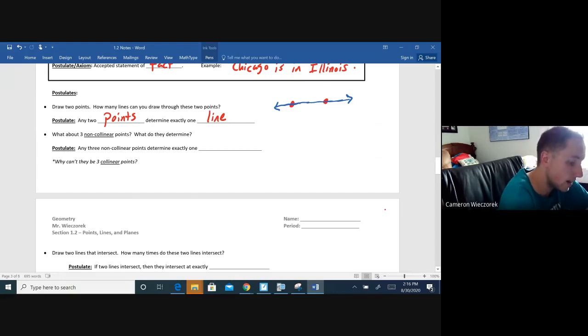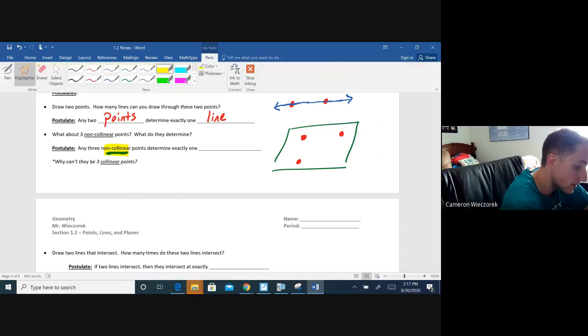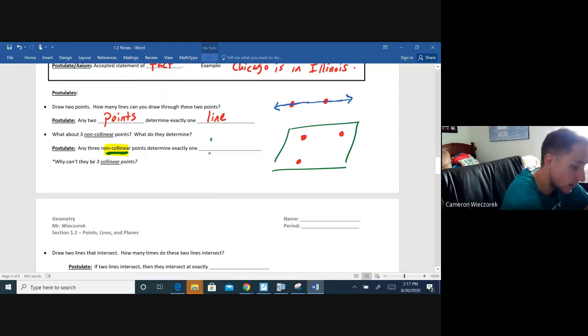How about 3 non-collinear points? If I have point 1, point 2, and a third one that's not on the same line, those are always going to determine exactly one plane. There's only one plane that I can draw surrounding those points. So any 3 non-collinear is the key. Any 3 non-collinear points are going to determine exactly one plane.